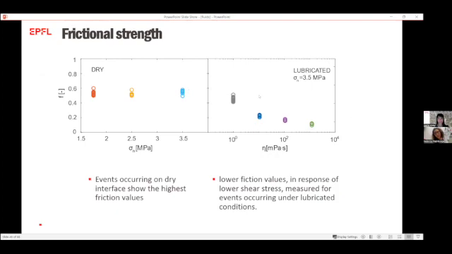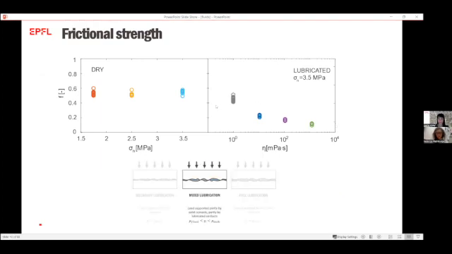On the right, you can see its evolution under lubricated conditions for increasing fluid viscosity. This was the first observation that we made in this study: the friction coefficient was decreasing, slightly for the lowest viscosity, which is water, but more dramatically for the other viscosity values. As I just reminded you before, this is an indication of mixed lubrication conditions.